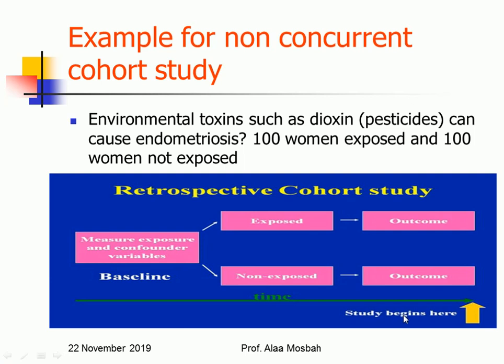If I want to do the same cohort study but concurrent, I will divide both groups and follow them for 5 years. But if I want to save these 5 years, I can start at this point by taking 2 groups, exposed and non-exposed, and search for endometriosis in both.